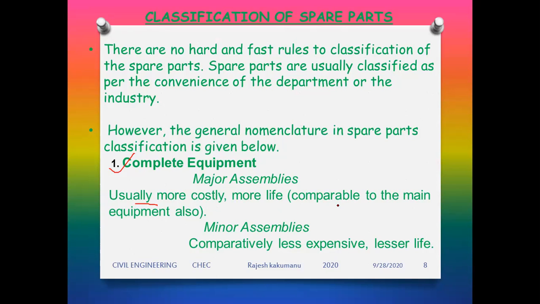So these are more costly and have more life. But the minor assemblies are comparatively less expensive, with lesser life, normal things which are used for fitting of the main things. So main things ఏదైతే మనం ఫిట్ చేస్తామో these we call as minor assemblies.